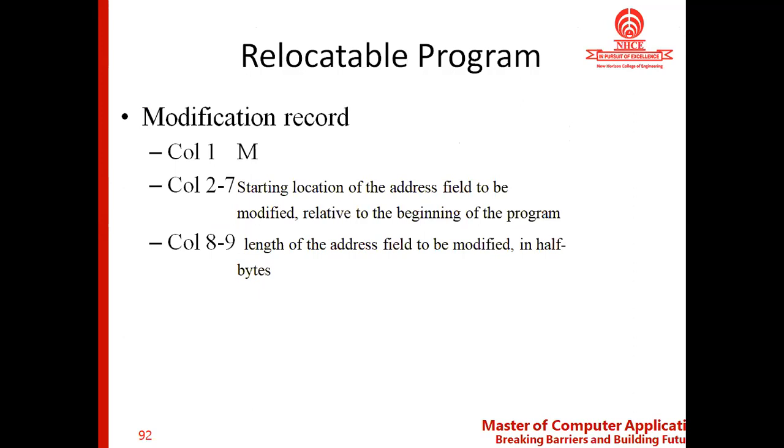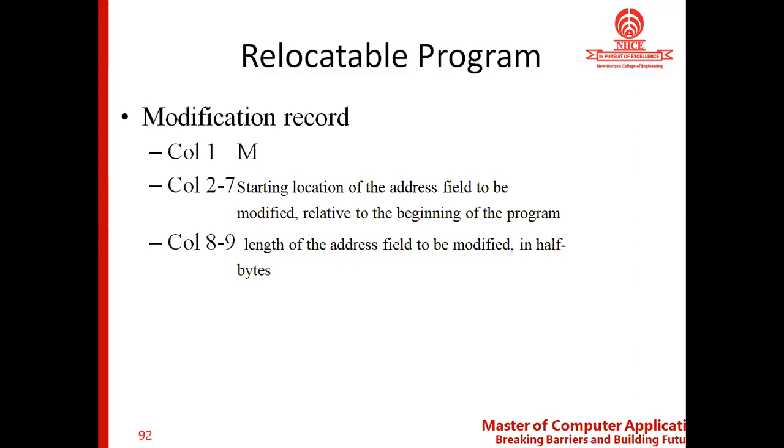So what is the solution for this? Yes, we understood that there is a change in the object code. The object code has to be changed because when the assembler creates the object code, the assembler assumes that the starting address is so and so, which is given in the program.